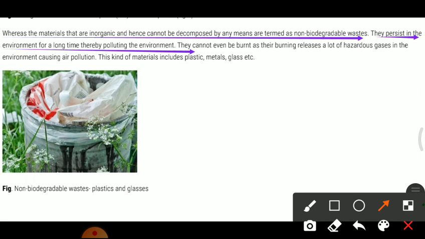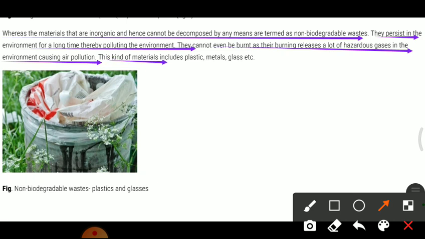They cannot even be burnt, as their burning releases a lot of hazardous gases in the environment, causing air pollution. This kind of materials includes plastics, metals, glass, etc. In the picture, non-biodegradable waste such as plastics and glass is shown.